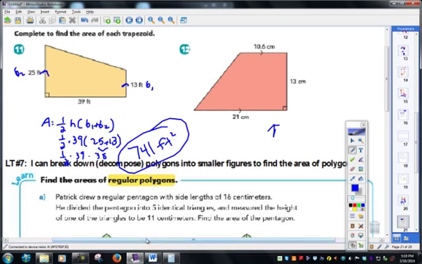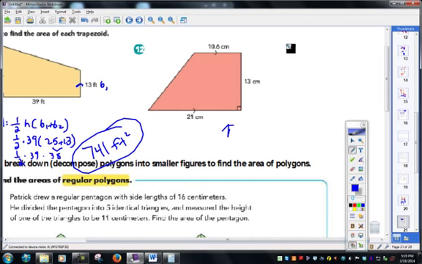I'd like you to quickly do this one here, number 12. Do it on your own, please. Okay? You know that this is your base 1, this is your base 2, and here's your height. I know that the formula is area equals 1/2 the height times base 1 plus base 2. Now we plug in 1/2 times 13 times 10.6 plus 21.